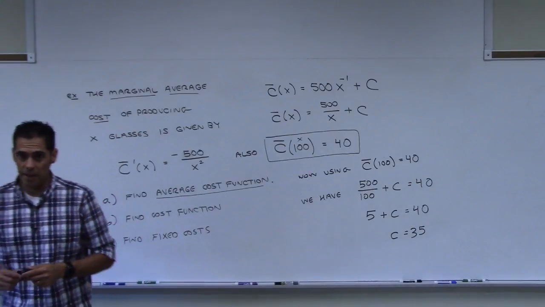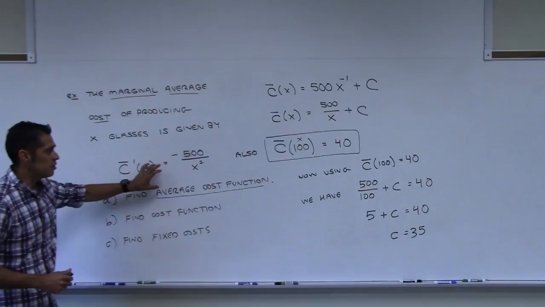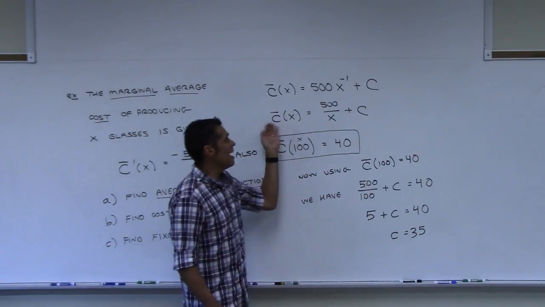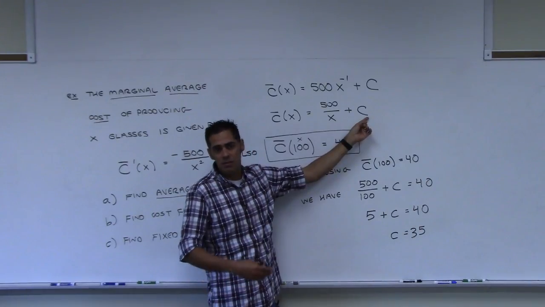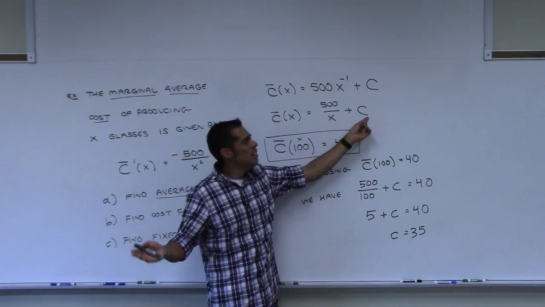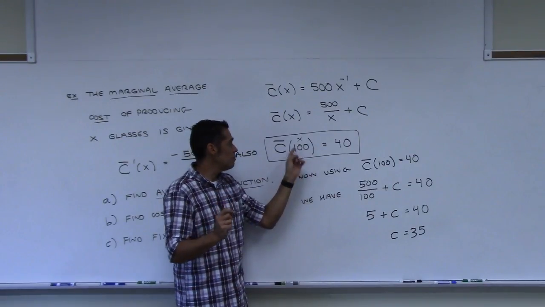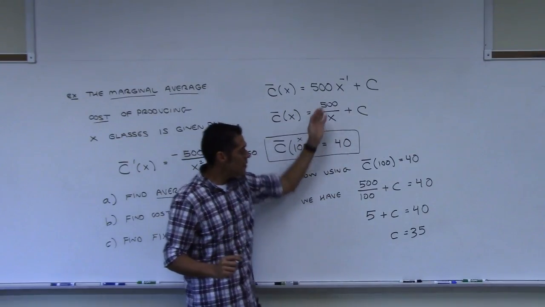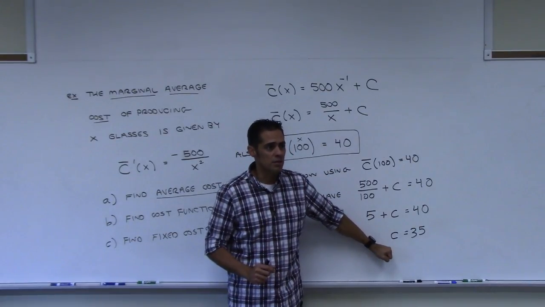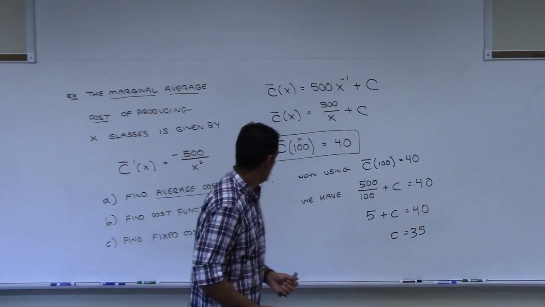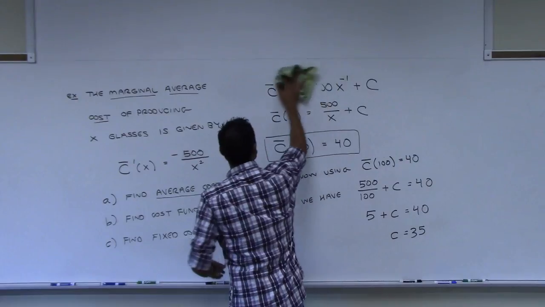Going to recap again. We're almost to the answer for part A. They gave us the derivative of the average cost function. We took the antiderivative and we said, hey, we know what the average cost function is, but we're off by a constant, which means there's an infinite number of them that it could be. Then we say, oh, wait, they gave us a little bit more information about that average cost function, that when you plug in 100, you get 40. And from that, we are able to nail down the exact C, the exact function. So that means we have our answer for part A, and I'll do it up here in purple.